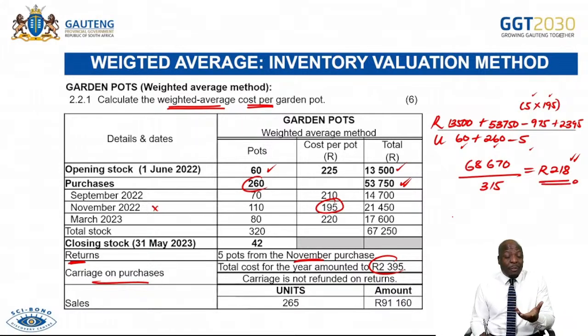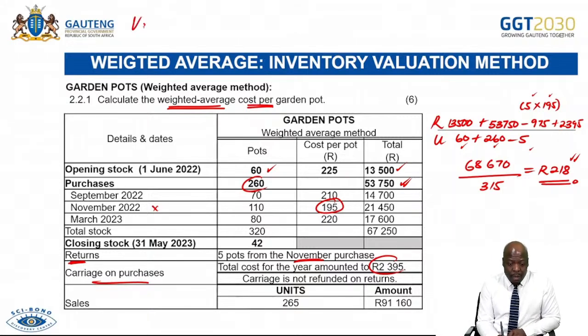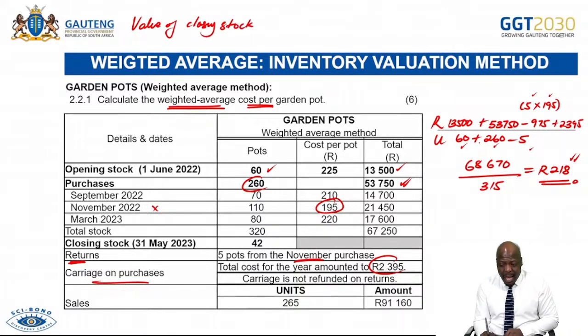Okay, but since you have asked if I can calculate for you the value of closing stock, those who joined my class right from the beginning, what did I say? I'll take the value which is 218. What do I multiply with?